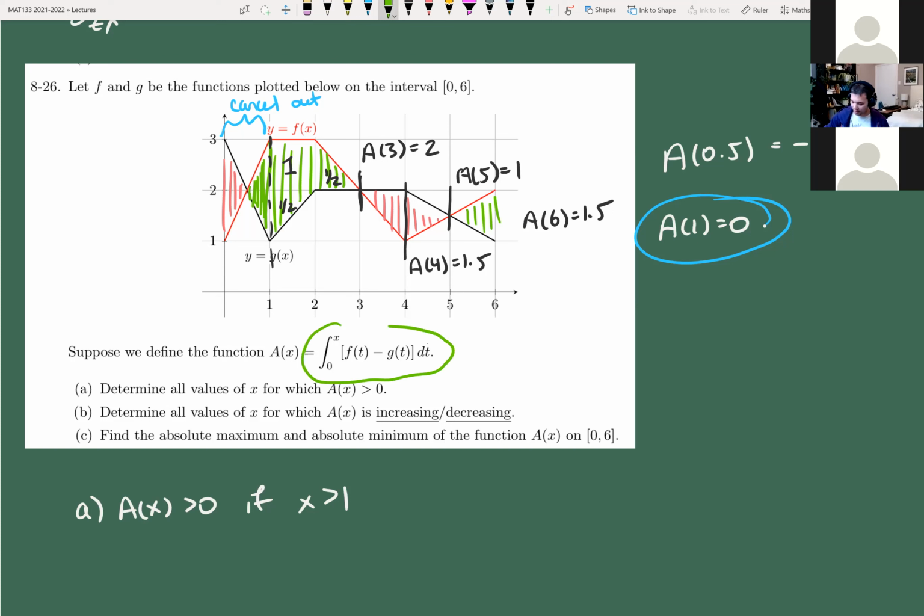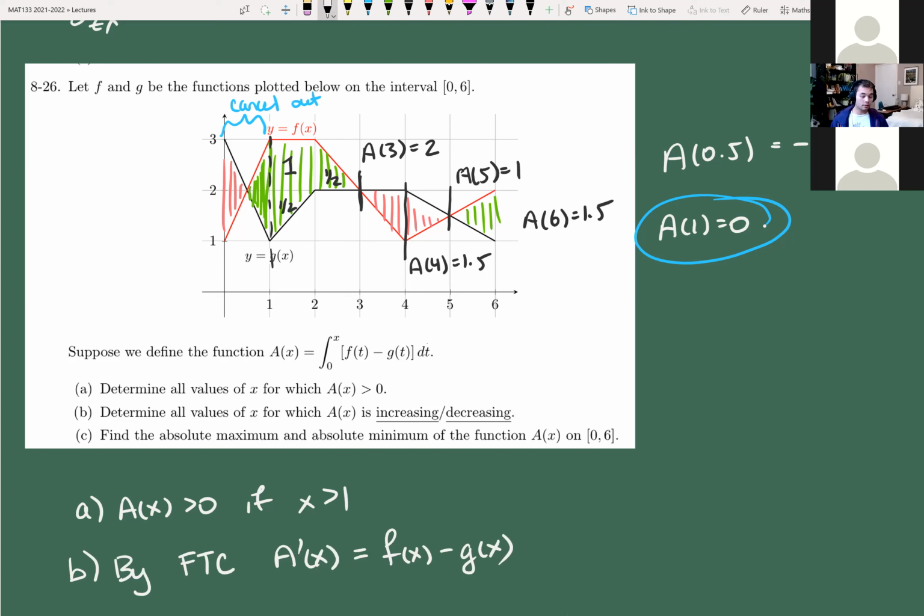Okay, so part B now asks for what values is A of X increasing or decreasing. Okay, so by FTC, A prime of X is just F of X minus G of X, right? So we want to know, so A is increasing if this is greater than 0.